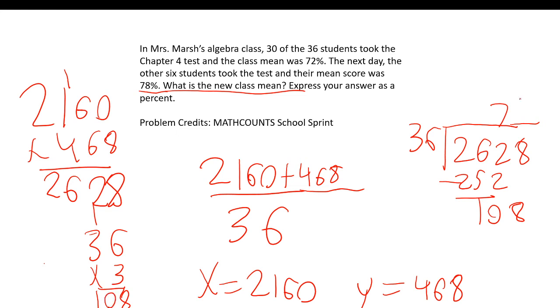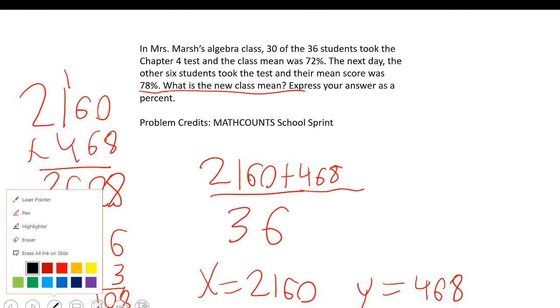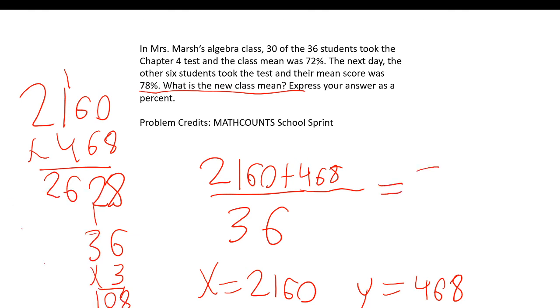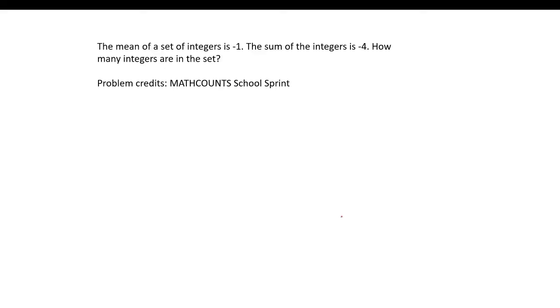So we have 73. So this equals 73. Now, express your answer as a percent. This means that the mean score for the entire class is 73%. And we're done with this problem. Let's move on to the next problem.